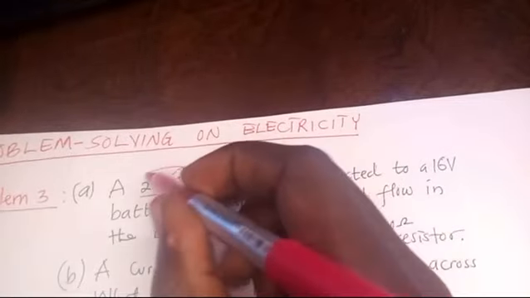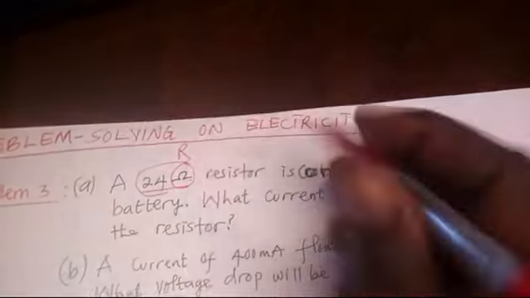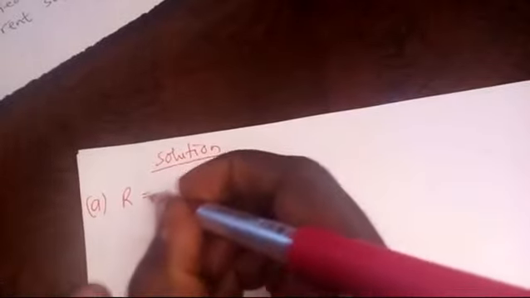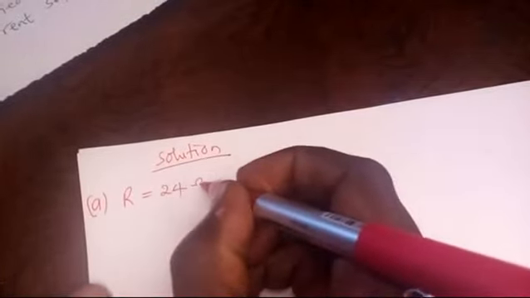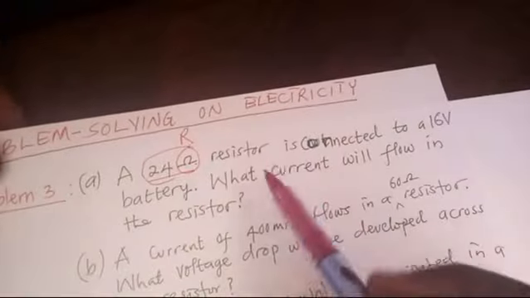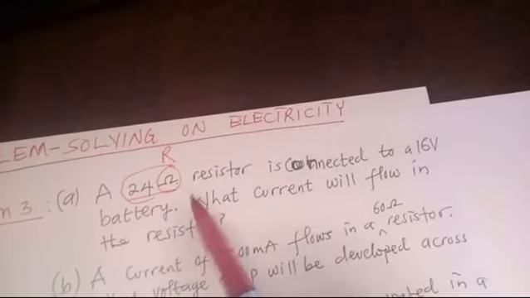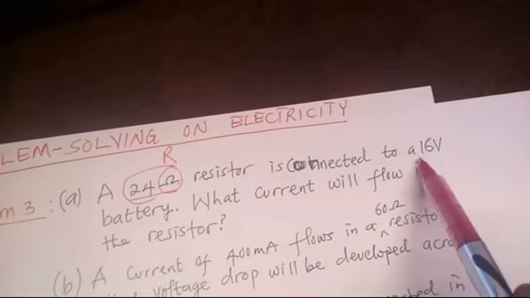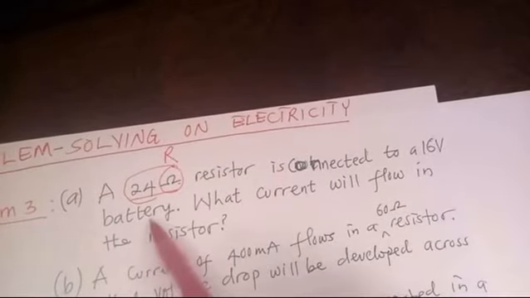So it means this 24 ohm is your R. So you write R equals 24 ohm. This resistor, a standard resistor of resistance 24 ohm, is connected to a 16 volt battery.